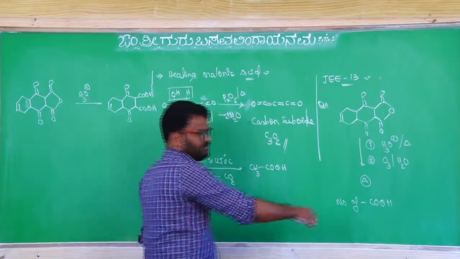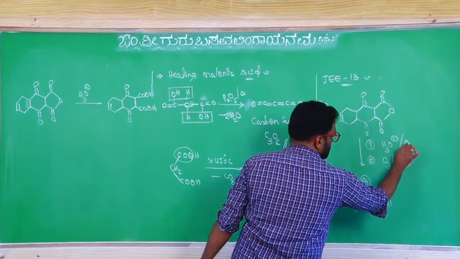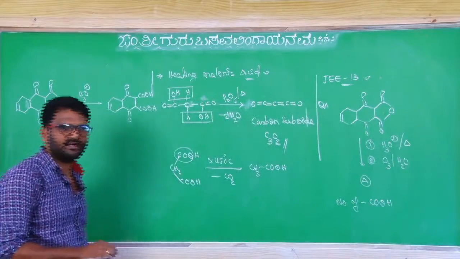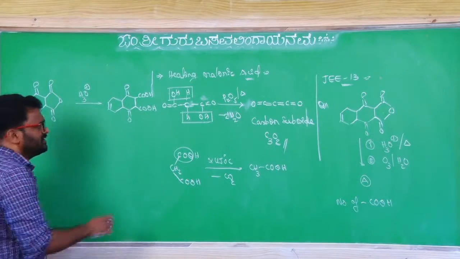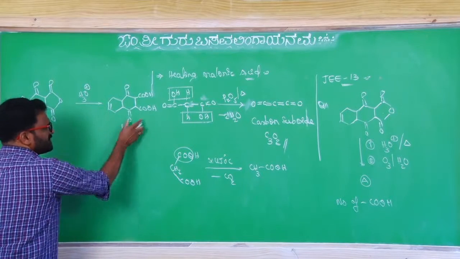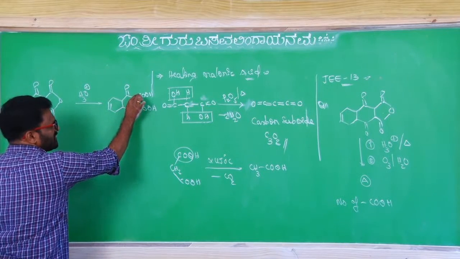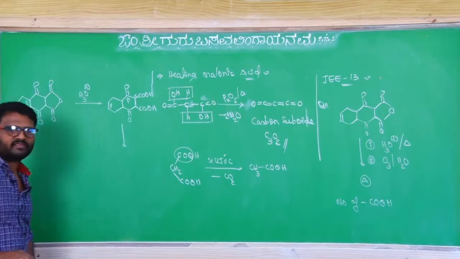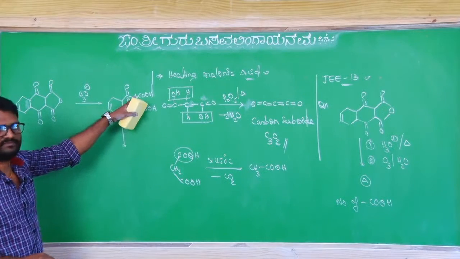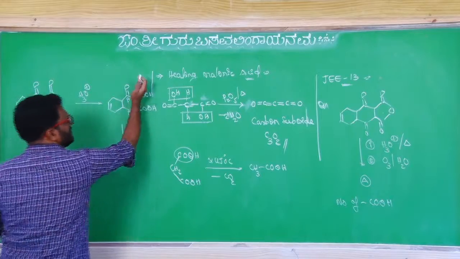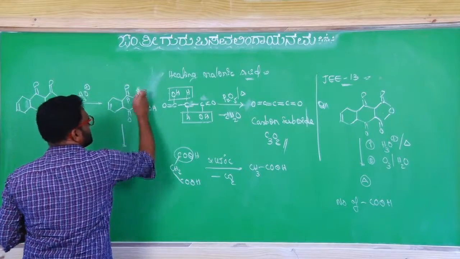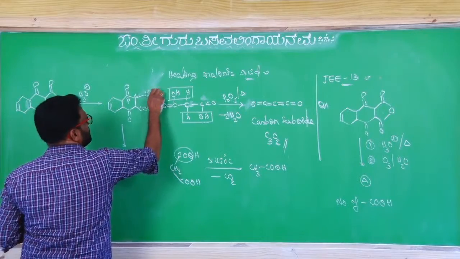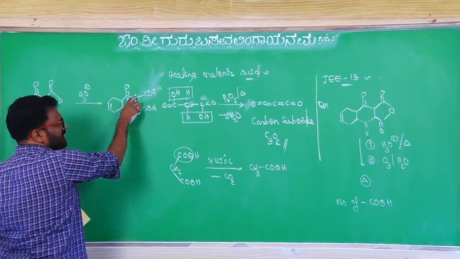But what you have to do here is heating also. After hydrolysis, you have to do heating. So when you heat, what is the nature of this compound with respect to the carboxylic group? This is the alpha carbon, and this is the beta carbon.